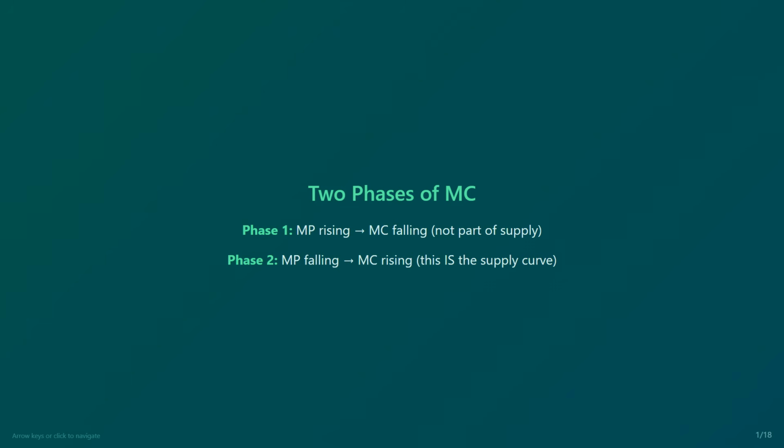In the segment where marginal output increases, marginal cost decreases. Only from a certain point, when marginal output declines, does marginal cost begin to rise. It is in this rising segment of marginal cost that the supply curve of the producer in perfect competition begins.